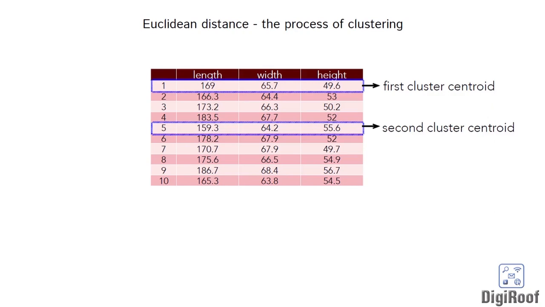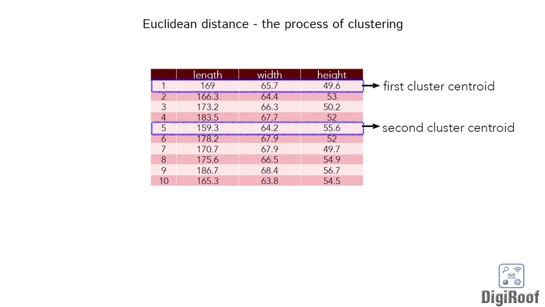Finally, we would subtract height in the centroid from the height in the row and square it. After this, we are going to add the 3 squared differences and find the square root of the resulting value. This square root value represents the Euclidean distance between the cluster centroid and any given row.